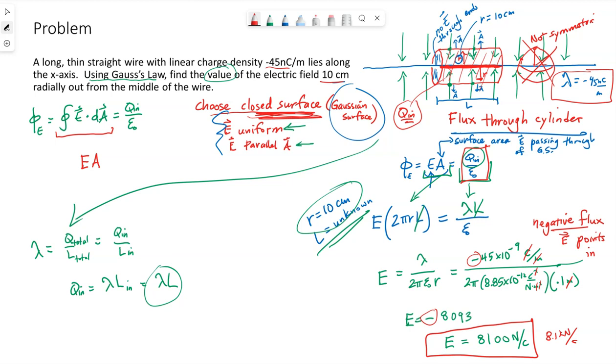Negative is always related in these cases to a direction specifically. And so this electric field points inwards is what that means. So towards that wire that is within the cylinder I drew. They didn't ask that as part of the problem, but I wanted to mention that so you understand what that means.